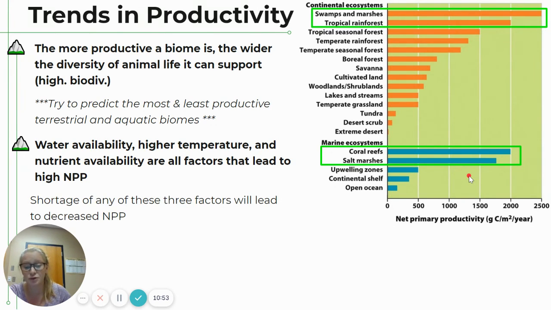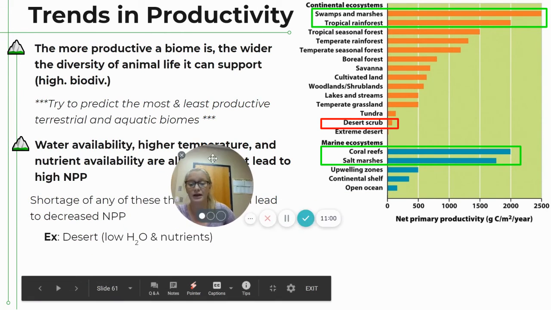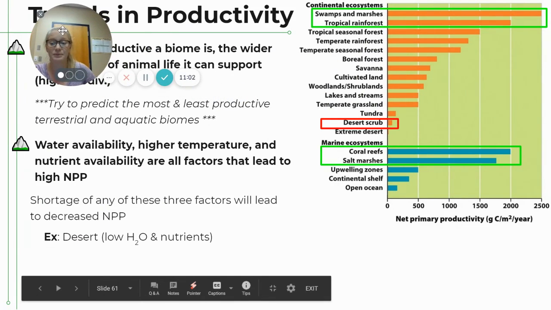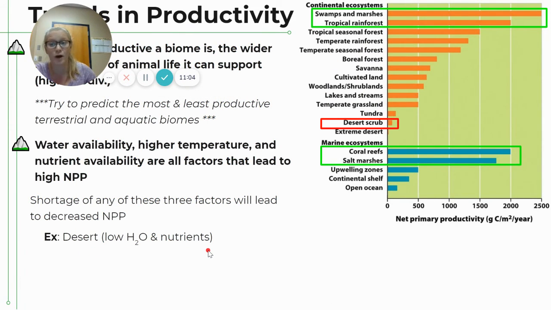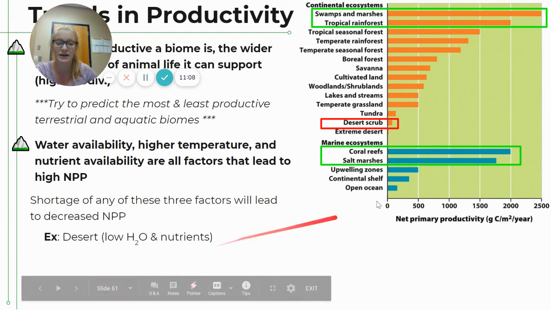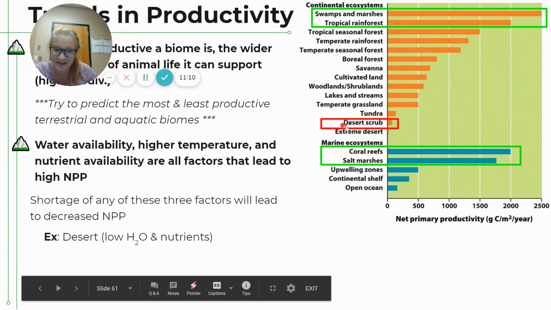If there's a shortage of any of the three factors that lead to NPP, it's going to have a lower amount of productivity. For example, the desert has low water and low nutrient availability, so it affects the productivity of the plants. You can see that the desert is pretty bad at primary productivity, and we know the desert is also one of the least biodiverse biomes.